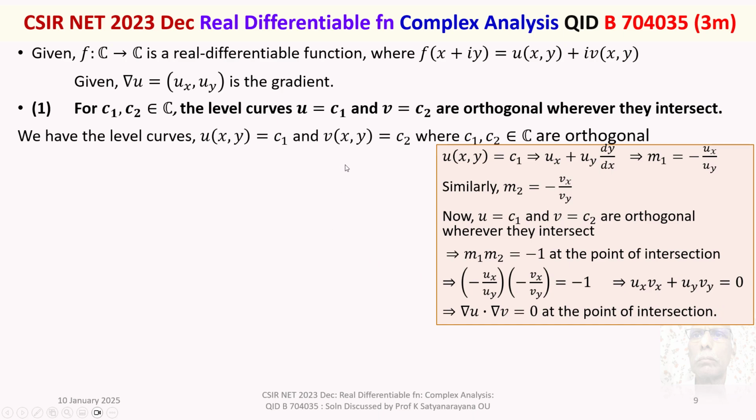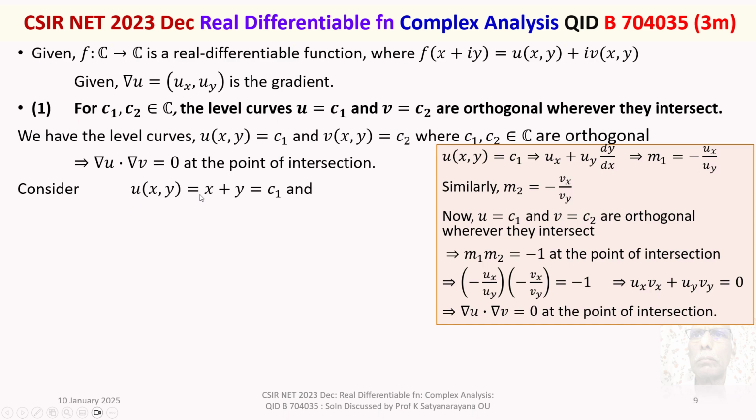Now, consider an example like this. That means del u dot del v is 0 at the point of intersection. Consider this example: u(x,y) = x + y = c1 and v(x,y) = 2x + y = c2. They are intersecting curves. And what are these?